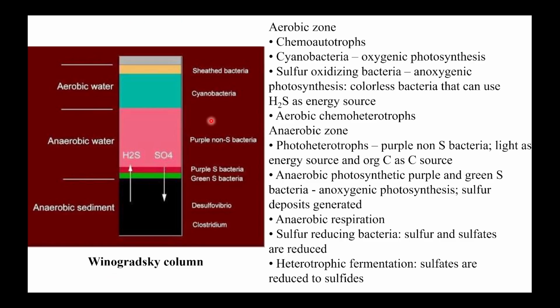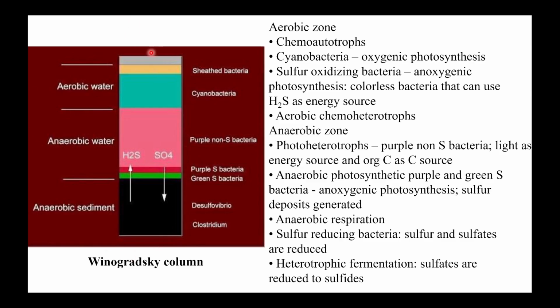After keeping the column in the sunlight, it will start mimicking a pond ecosystem. A pond is also basically a pool of water which has different carbon and nitrogen sources, and it can also form different layers like the layers formed in this experimental column.